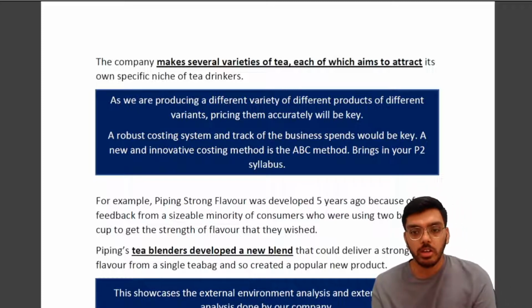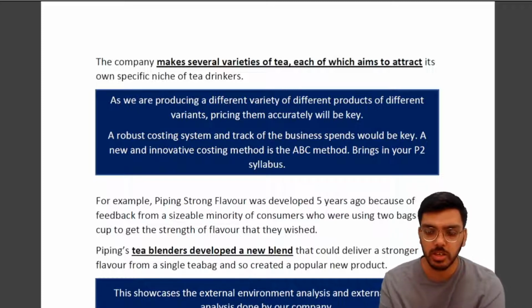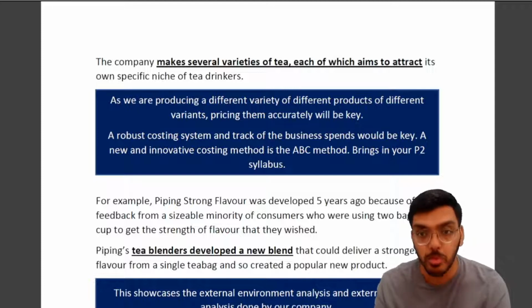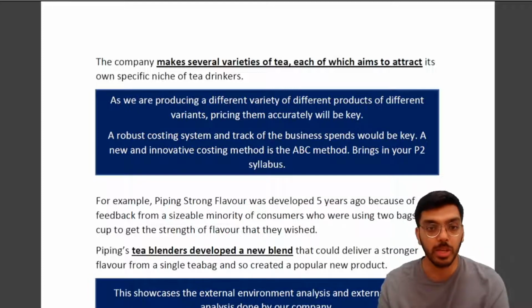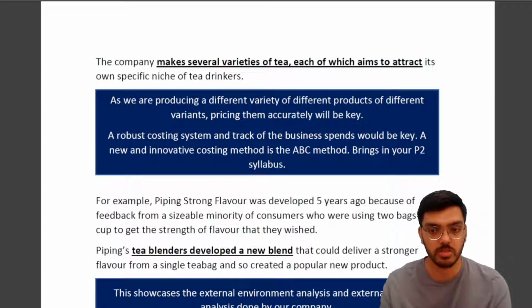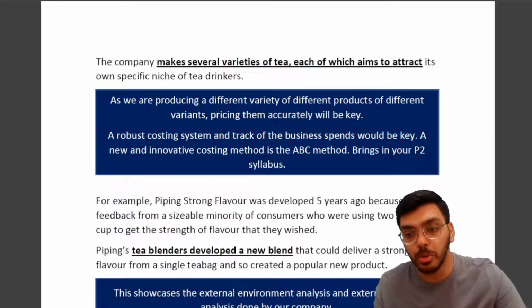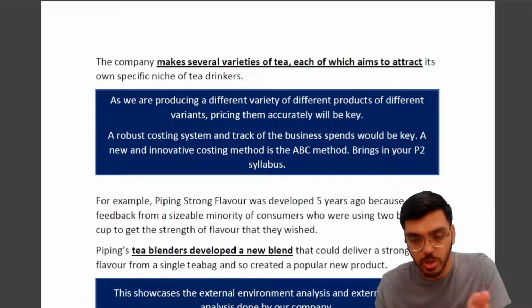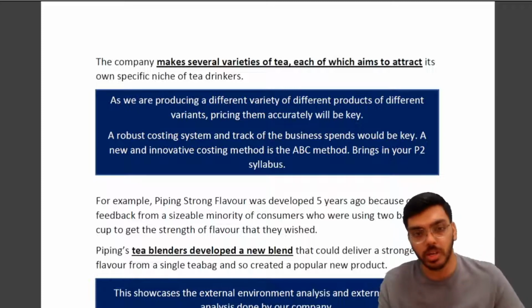Now over here, it's clearly telling me that because I'm making a different variety, a number of products, pricing them accurately will be key. If you don't know what the cost is, if you don't know what the price is, if you don't know what the input cost is, if you can't adjust your cost, how will you price the product well?